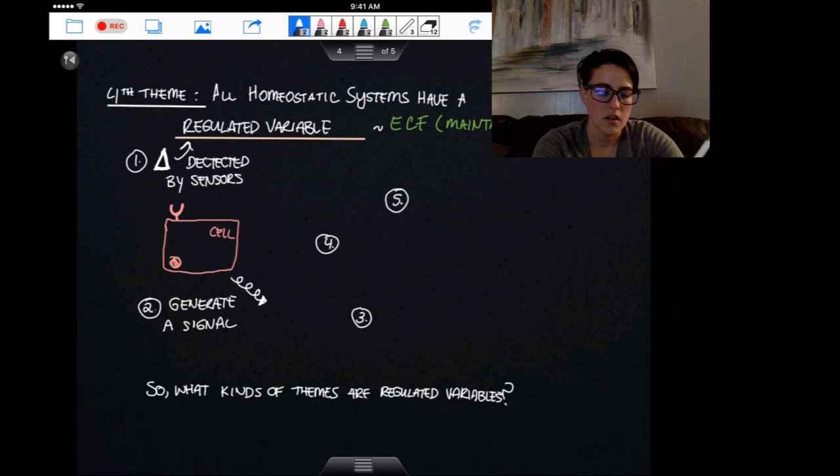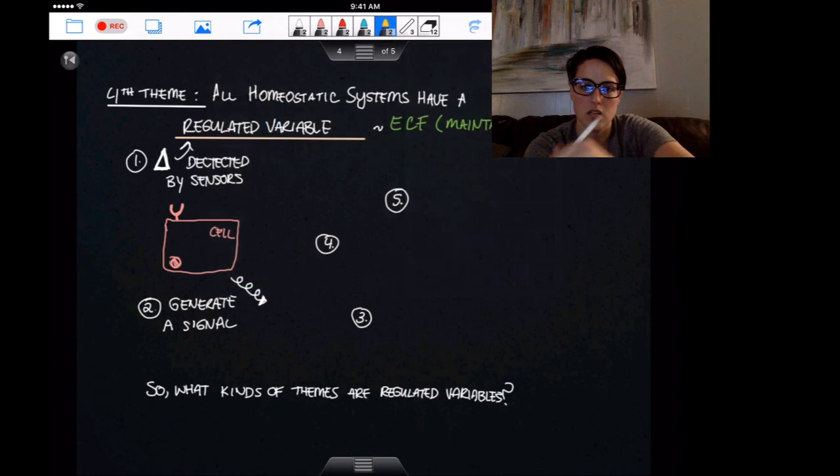Often, that sensor will generate this signal, and it will be received as an error message, like something is wrong with that variable. Okay, we'll talk more about that. Where is this signal going? We'll do this in yellow. Well, it's going to a control center.